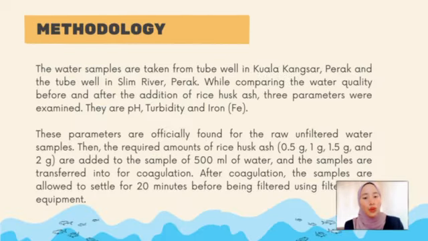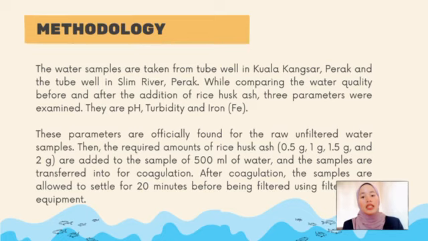Methodology. The water samples are taken from a tube well in Kuala Kangsar, Perak and a tube well in Slim River, Perak. While comparing the water quality before and after the addition of rice husk ash, three parameters were examined. They are pH, turbidity and iron. These parameters are first measured for the raw unfiltered water sample.